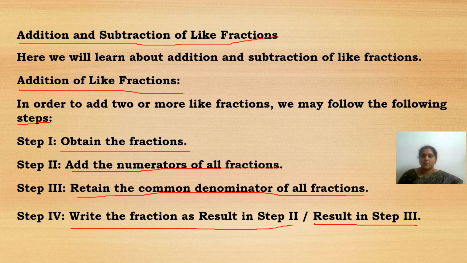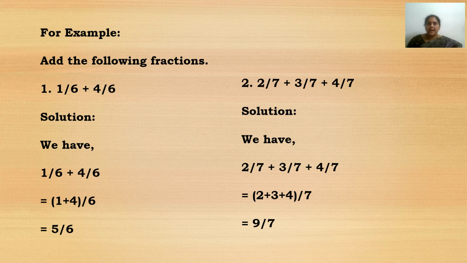We will see this through an example. For example, add the following fractions: 1 by 6 plus 4 by 6. What are our steps? First, we take our fractions and add both the numerators, so 1 plus 4.